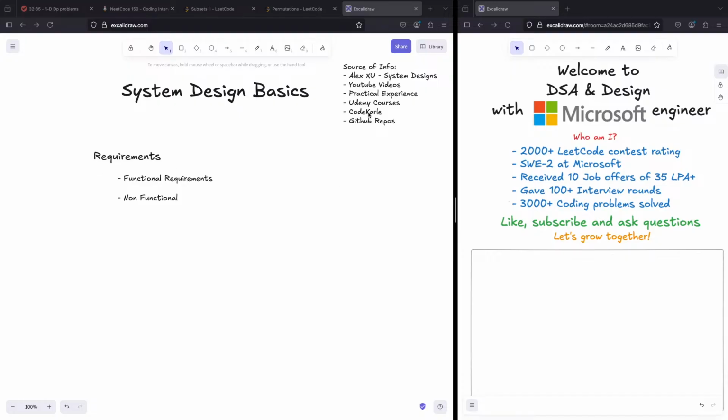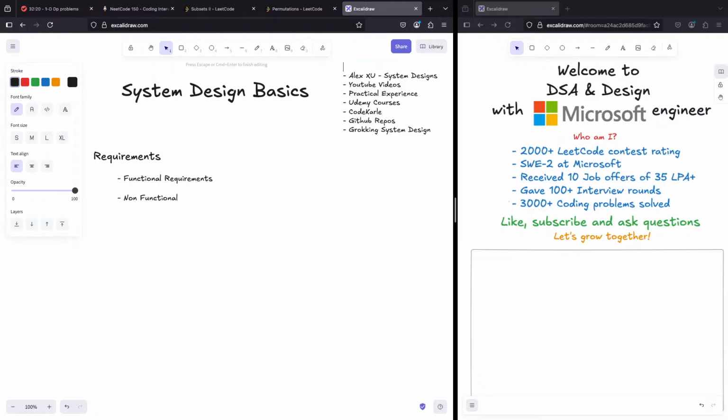And also there is Grokking. I read that book also, Grokking the System Design Interview.